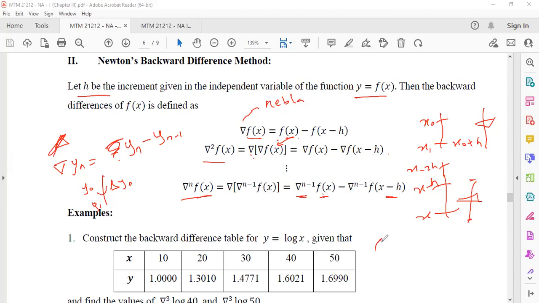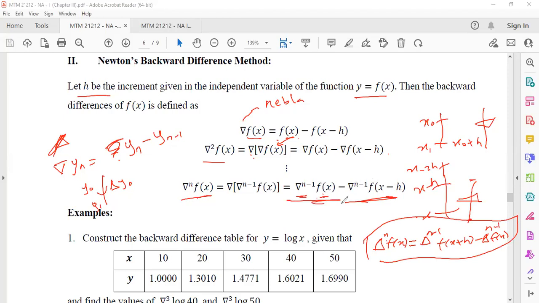Okay, so for delta, we have delta^n f(x) is delta^(n-1), but if here x plus h comes, here delta^(n-1) f(x) comes. But here nabla^(n-1), same thing, but f(x minus h). So that's the difference. Okay, so you have to be careful on this. So that's all about the backward one.